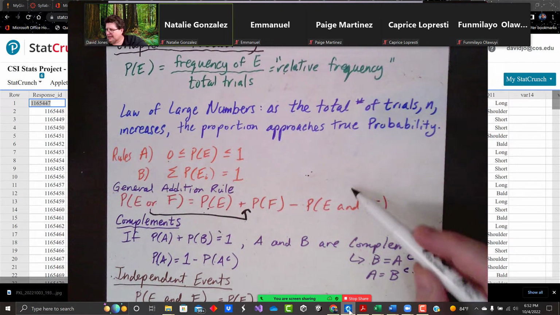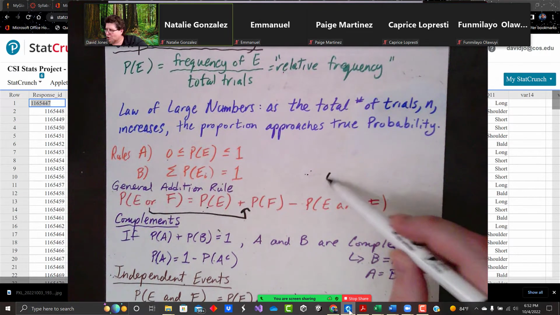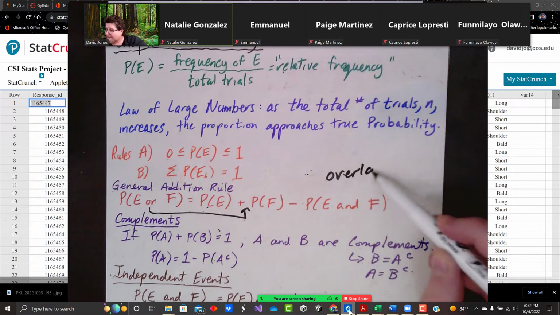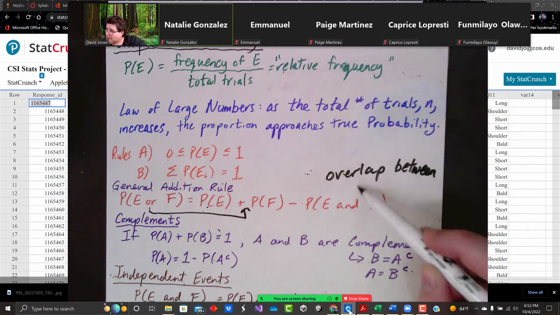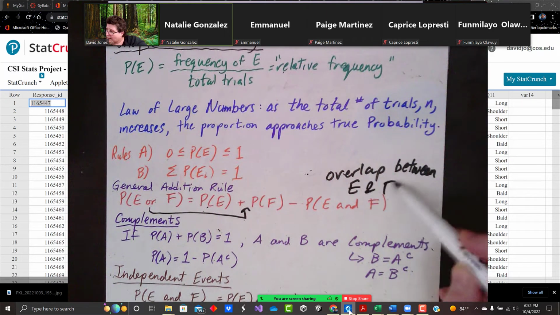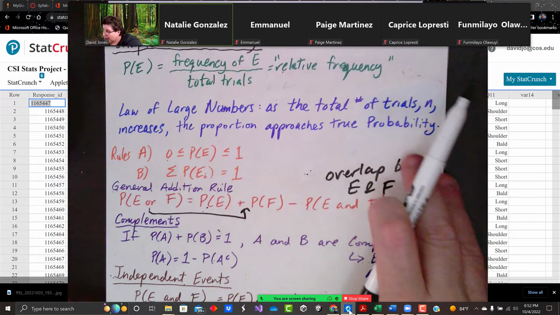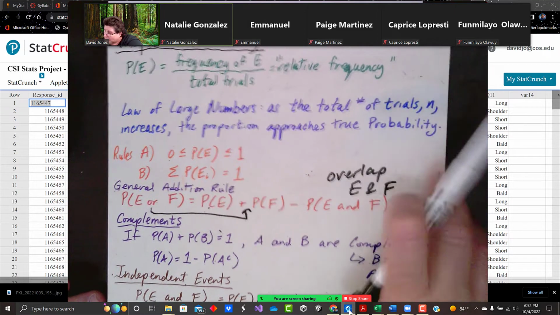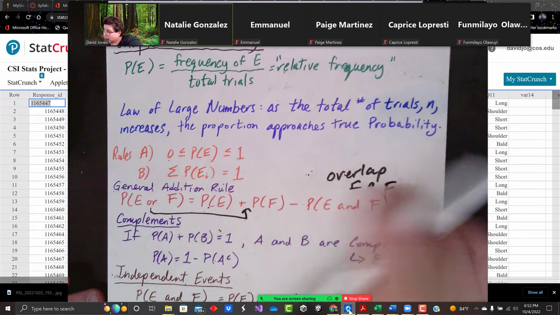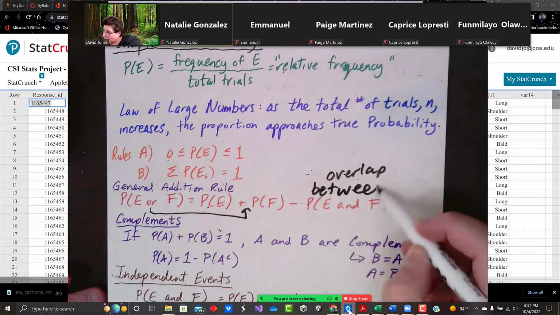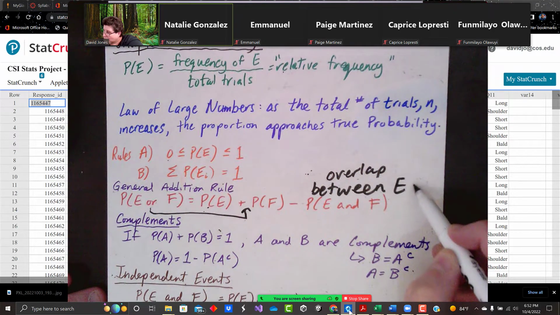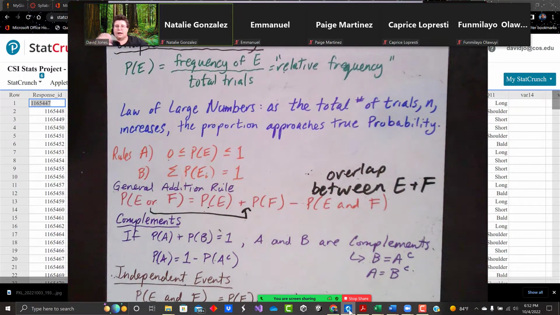The probability of E and F is when there is overlap between E and F. That should say between. That's terrible looking. In the case of the examples I just said, rolling doubles or 7s, there is no overlap.